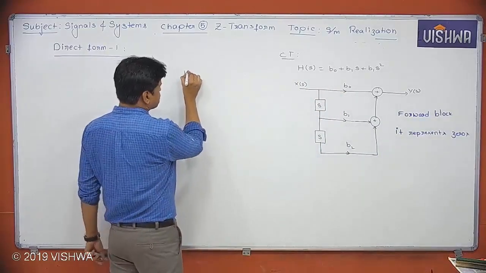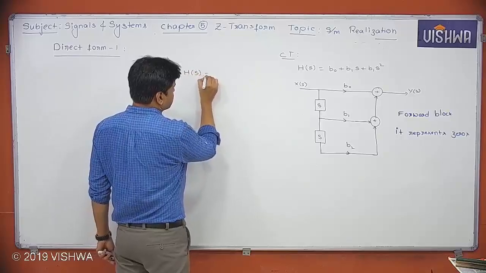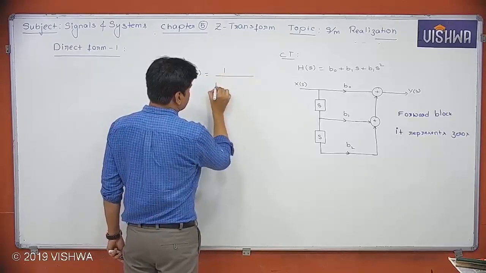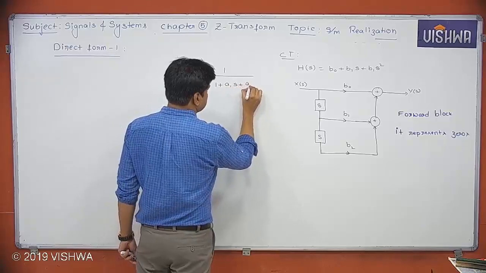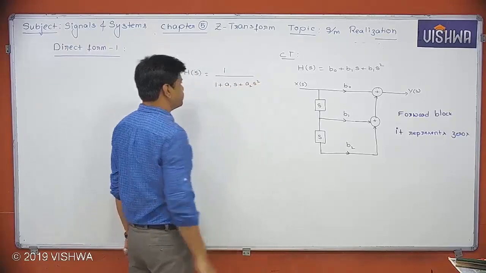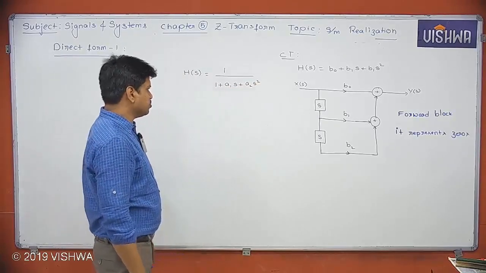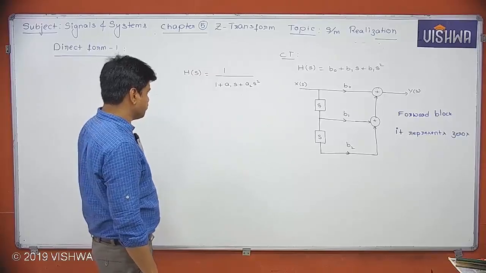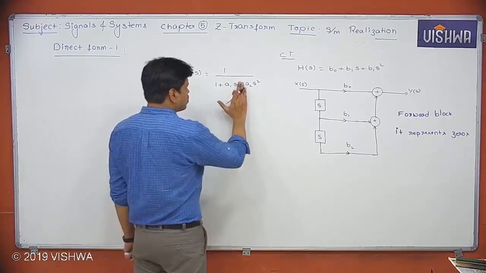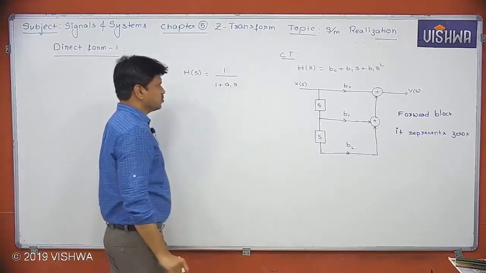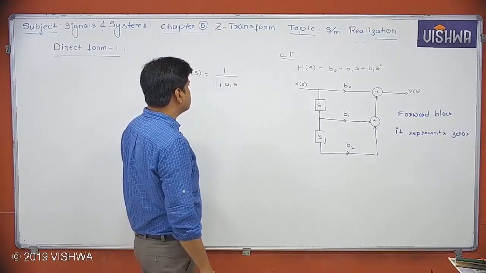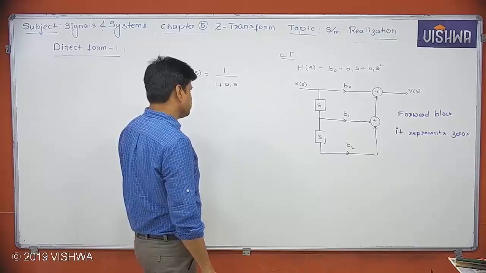Now one more thing. Suppose H of s is like this, 1 by 1 plus a1 s plus a2 s squared. I want to represent this one. How can we represent this? Actually, better we go with something smaller so that we can understand well: 1 by 1 plus a1 s.